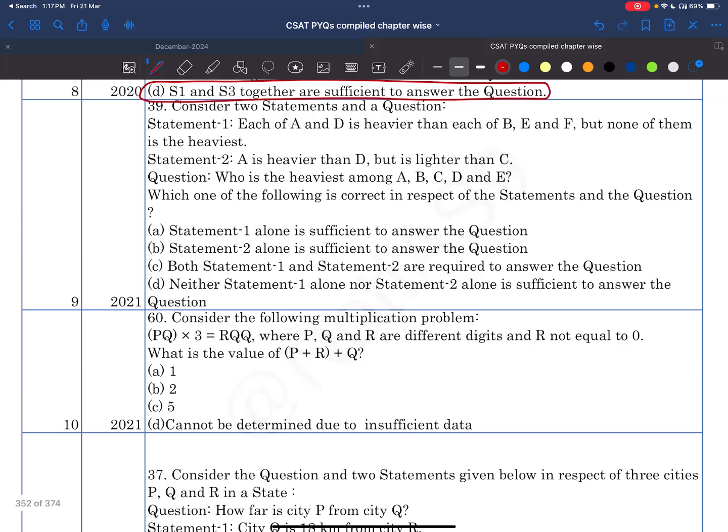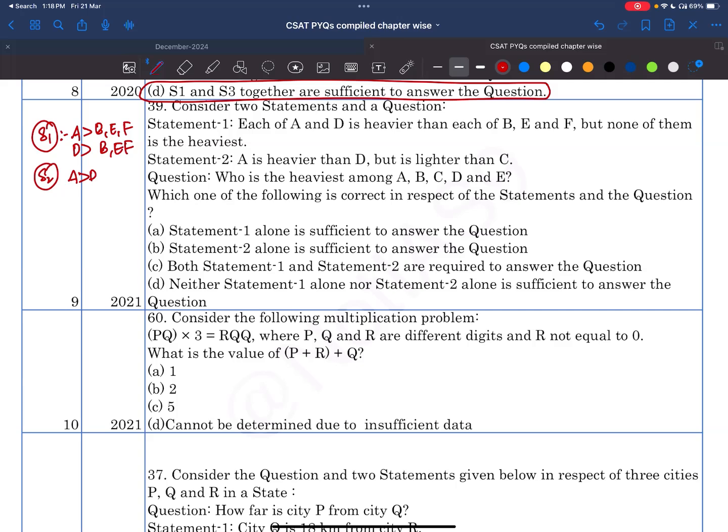Let's go to the next question. Statement number 1: Each of A and D is heavier than each of B, E and F, but none of them is the heaviest. Let's see what is being said in statement number 1. Statement number 1 is telling that A is greater than B, E and F. D is greater than B, E and F. Statement 2: A is heavier than D, but is lighter than C. From statement number 2, what are we getting?